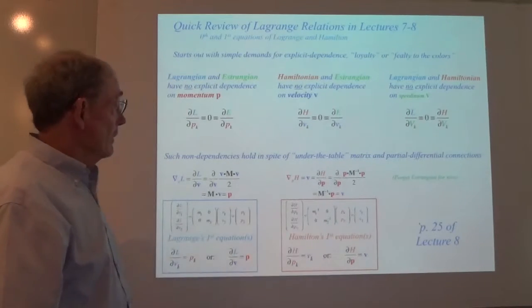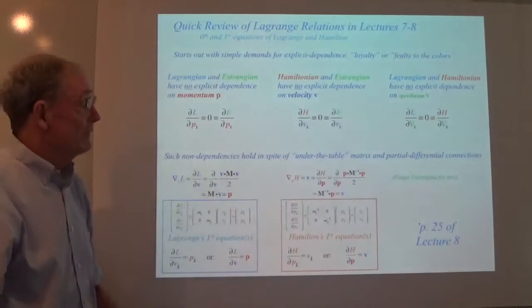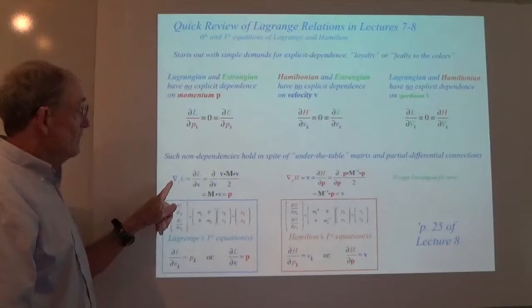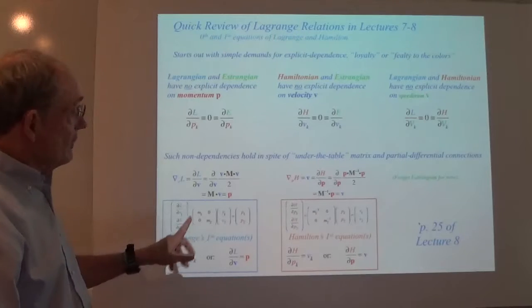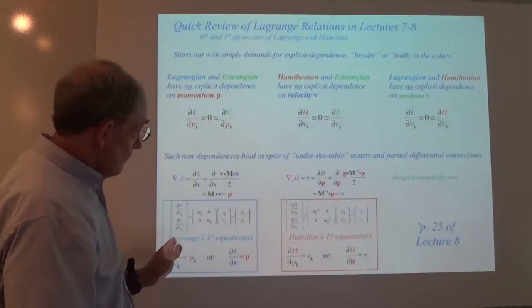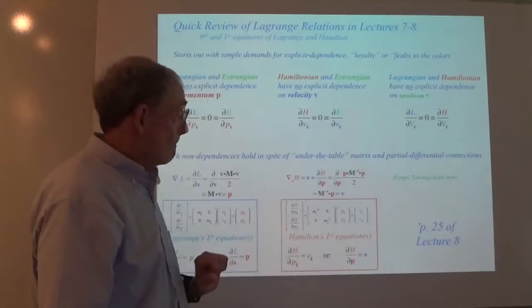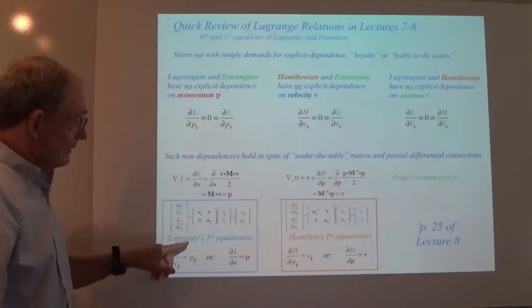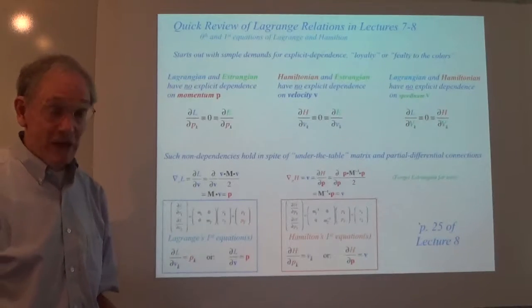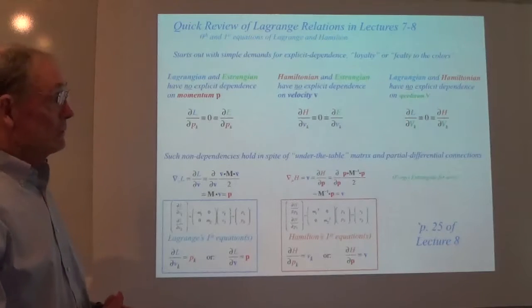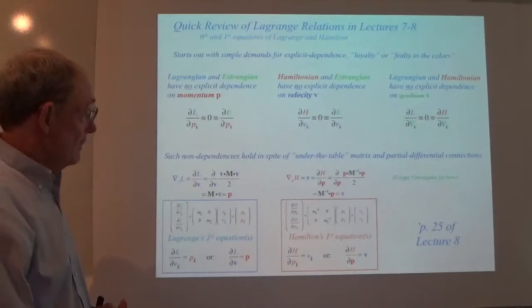The p gradient of H was v, and the v gradient of L was p. Those were our first equations for both Lagrange and Hamilton. This lecture is devoted to getting the second equation, but getting the first another way. So we're doing a complete re-derivation of that.